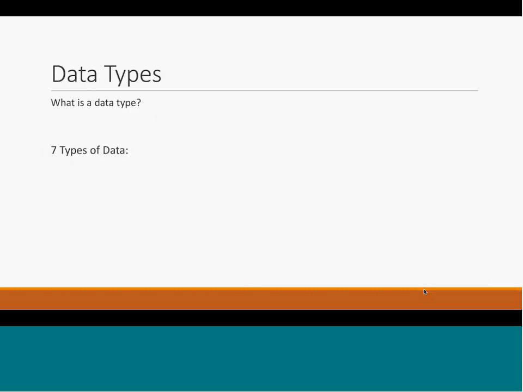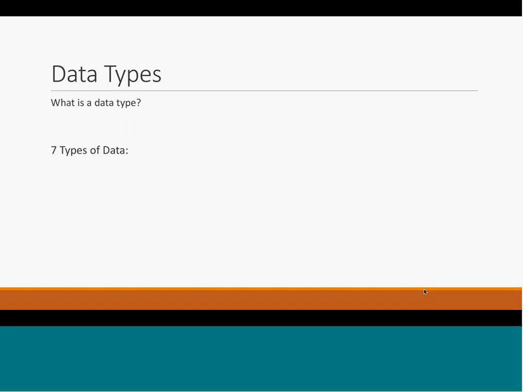Okay, let's talk about JavaScript data types. What do you think a data type is? An integer type, yes, that is a type, but what is a data type itself?